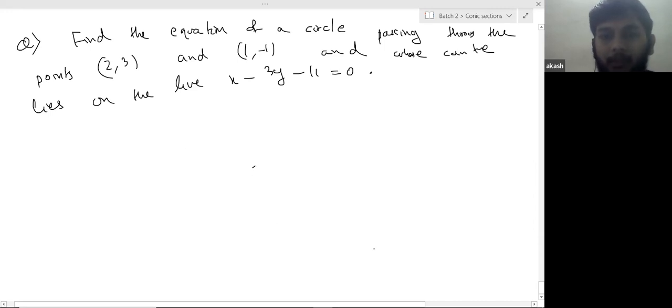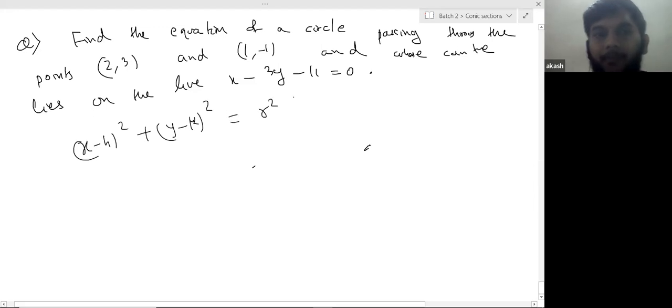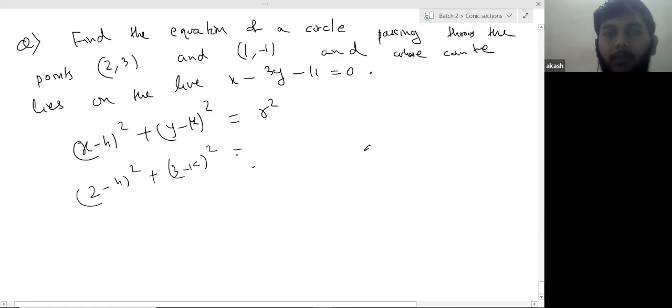Let's assume the equation of the circle is (x minus h) whole square plus (y minus k) whole square equals r square. It passes through (2, 3). So (2 minus h) whole square plus (3 minus k) whole square equals r square.